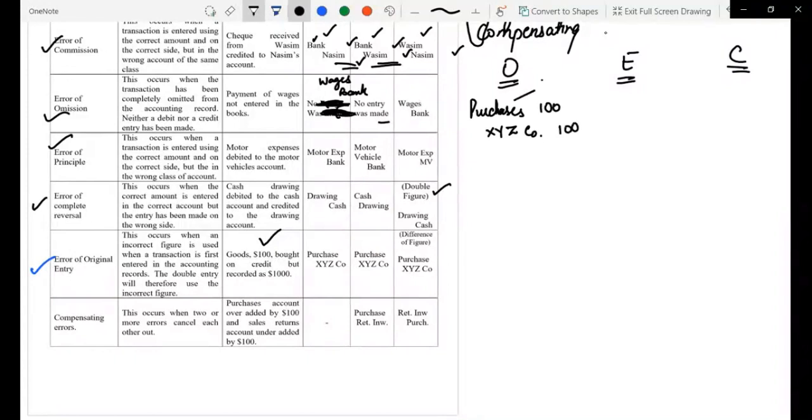The expense was supposed to be increased by 100 and the liability on the other hand was supposed to be increased by $100. By error, what we did, beta, we wrote purchases on debit side, which was correct. We wrote XYZ company on credit side, which was correct.